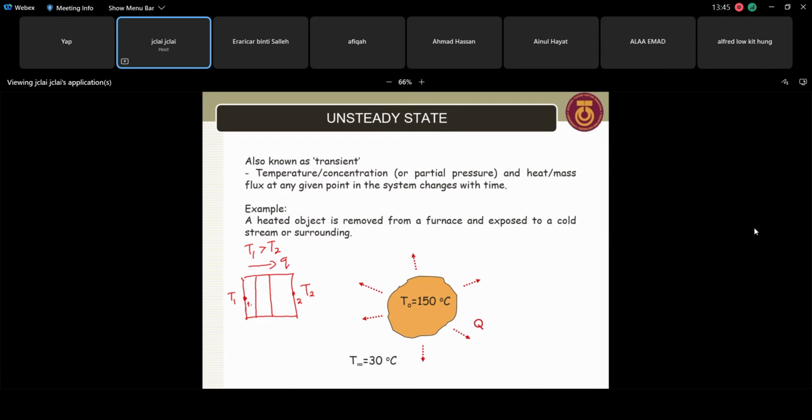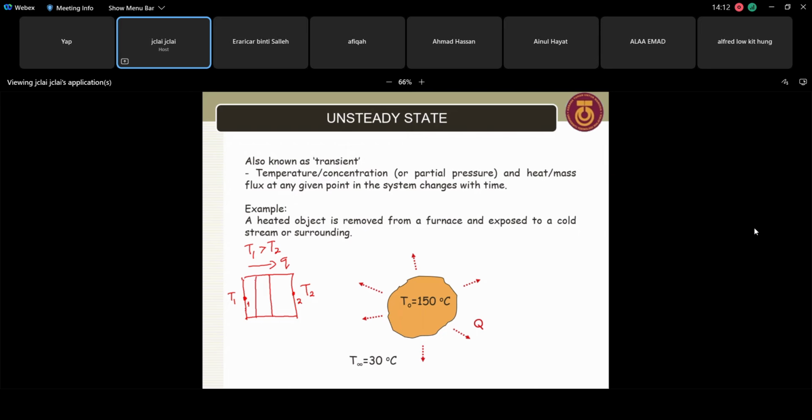When we say we assume the system is under steady state, it means the temperature at point number 1 is maintained at T1, and the temperature at point number 2 is also maintained at T2. So the temperature doesn't change over time.